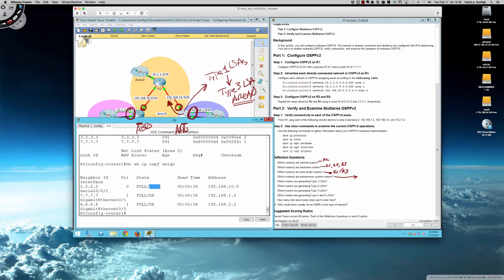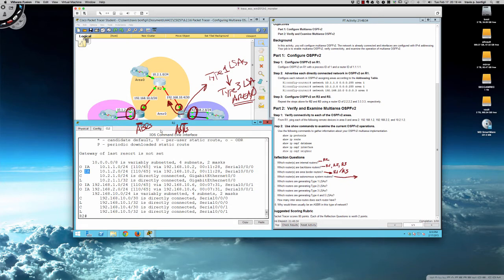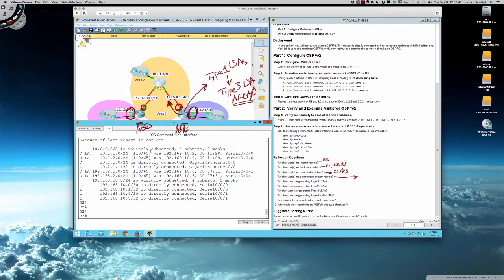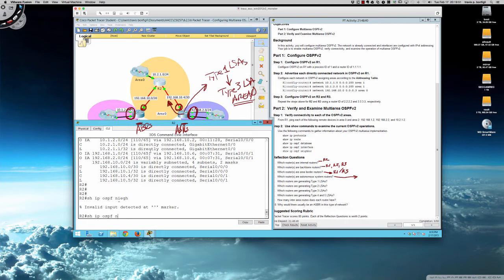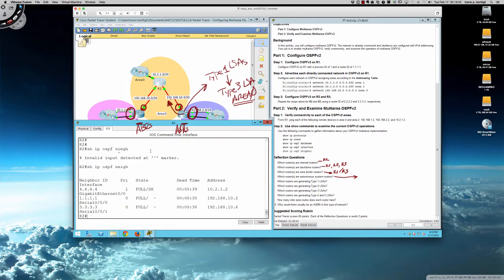Now, I've got a serial link, so there is not a DR BDR election between router 2 and 3. However, if I take a look at router 2, show IP OSPF neighbor, router 4 is the DR, right?